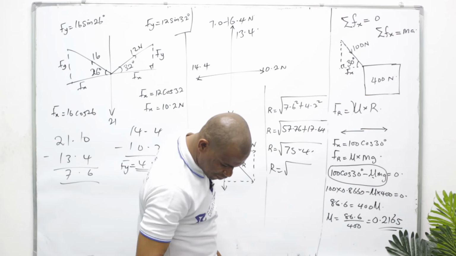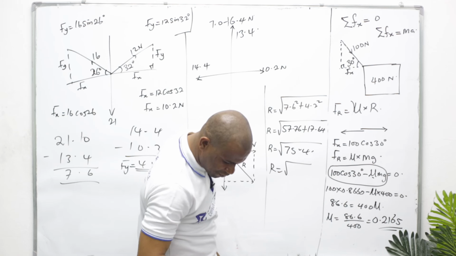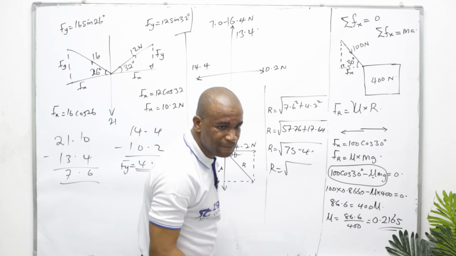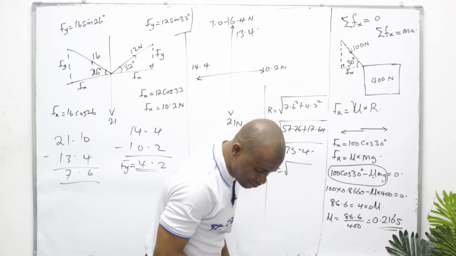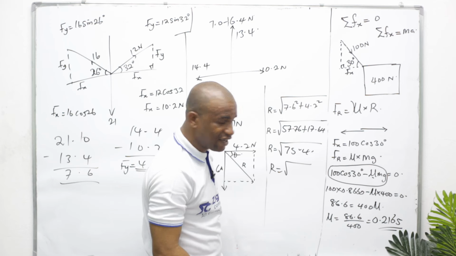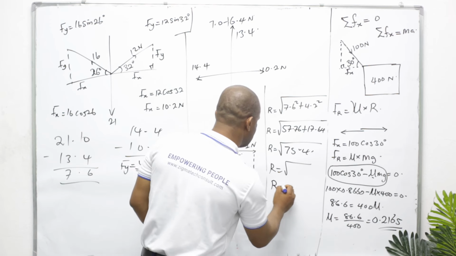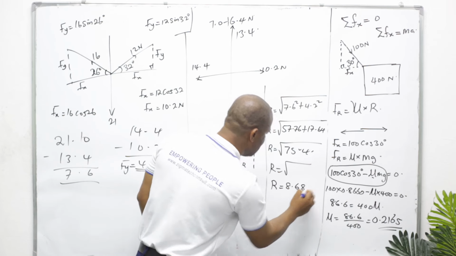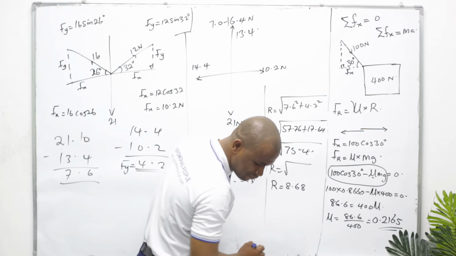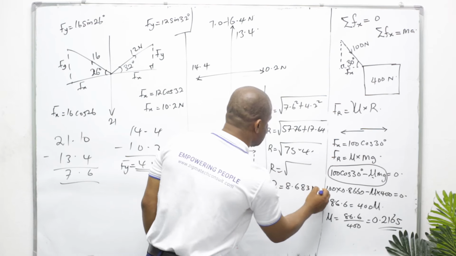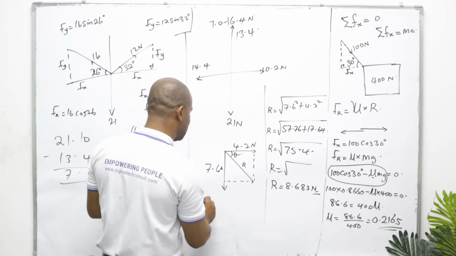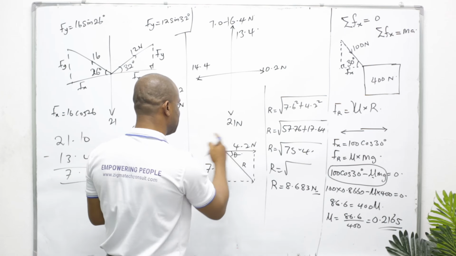So this is the square root of 75.4. We have 8.68 Newton. Now for this one, tan theta is going to be opposite over adjacent.